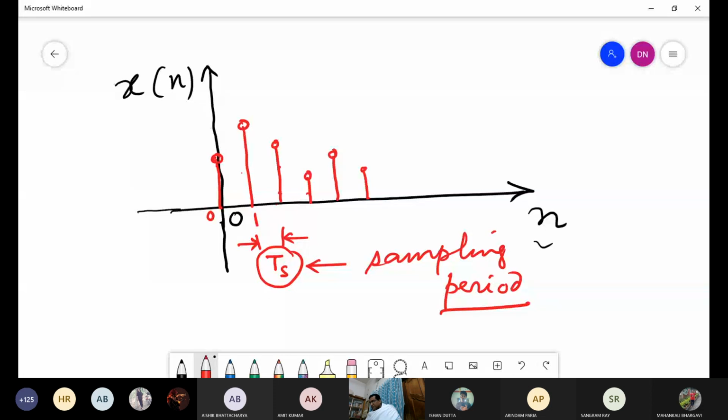Again, for n equal to -1, some sample value may be there, and for n equal to -2, some sample value may be there.